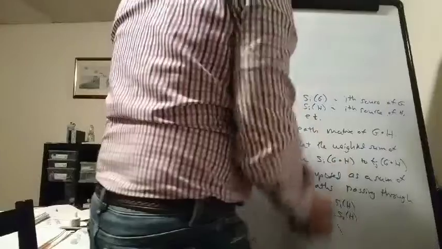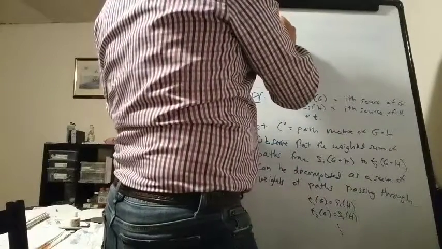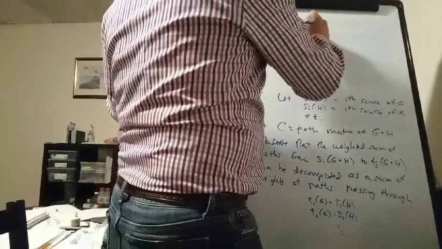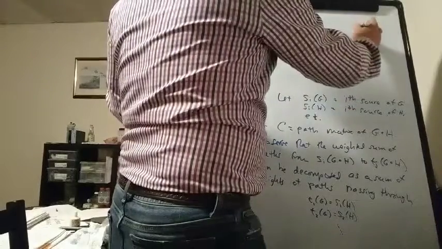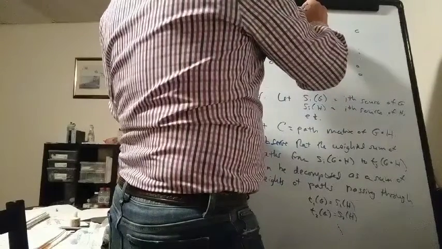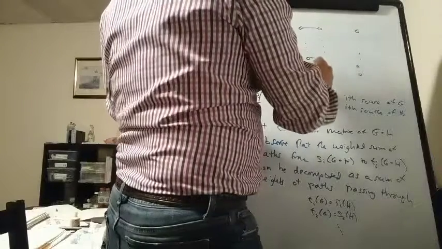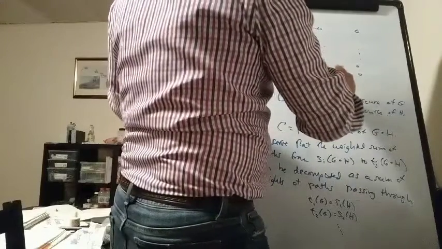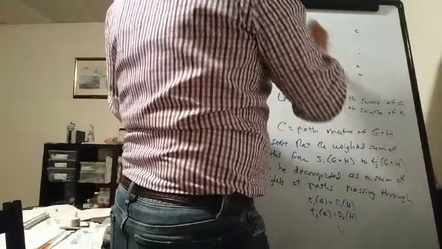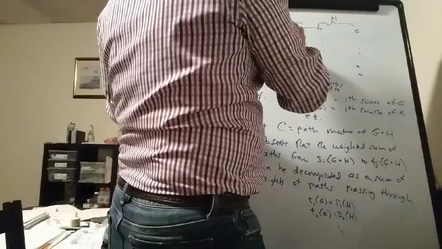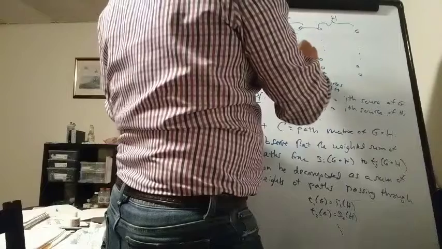We draw a picture. So let's say these are the sinks of G, and these are sources of H. So this part is G, and this part is H. We have all these edges.